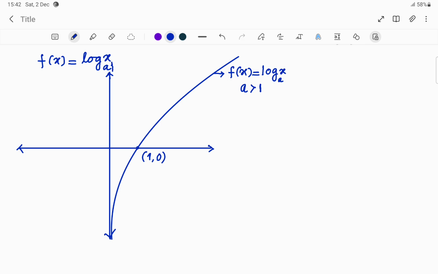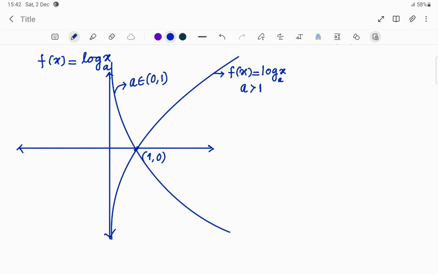Now if base value is less than 1, so here base is between 0 and 1. This is how logarithmic function looks like.